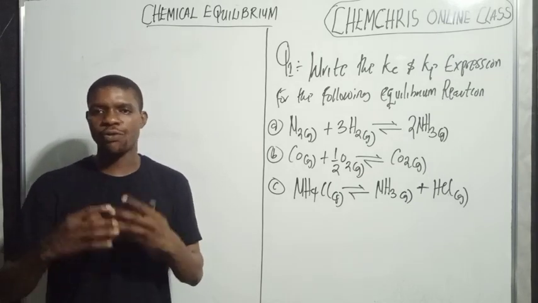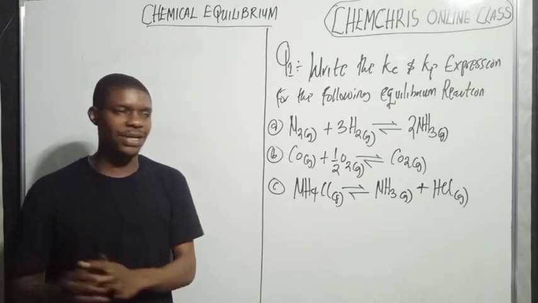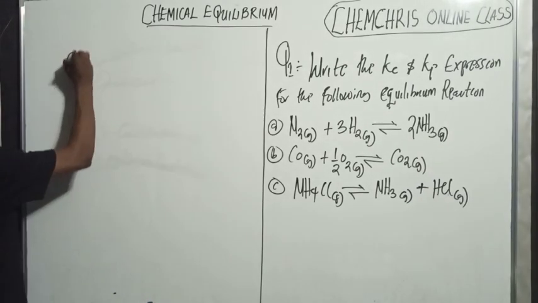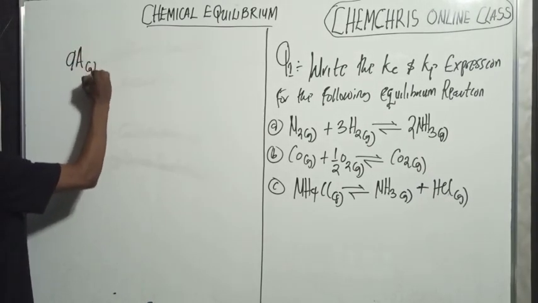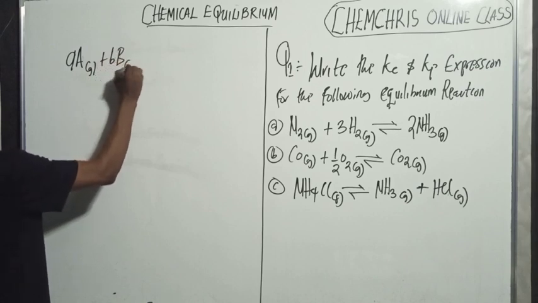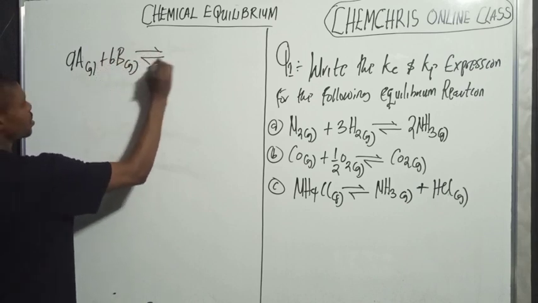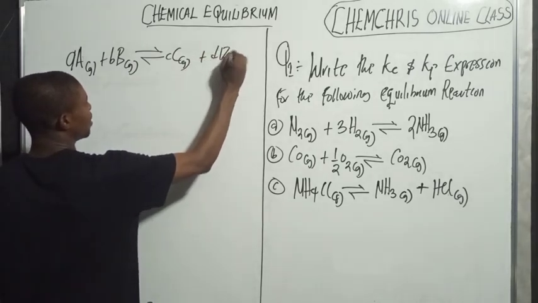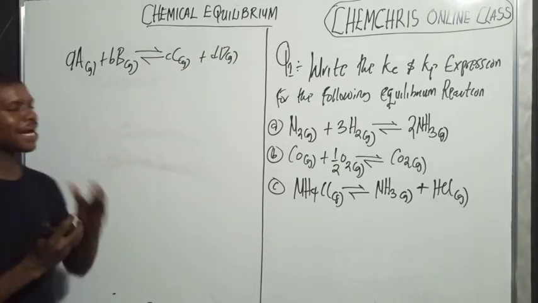Now these are the things that become complex. So I'm going to show you a general reaction here. If you have something like A gas plus B gas giving C gas plus D gas, they are all in a gaseous state.